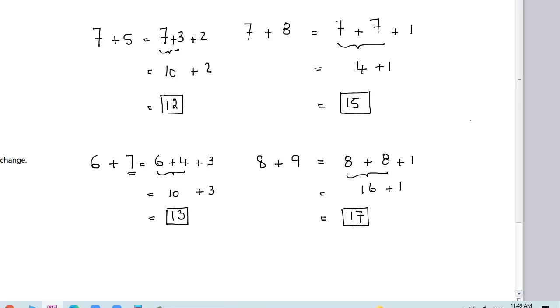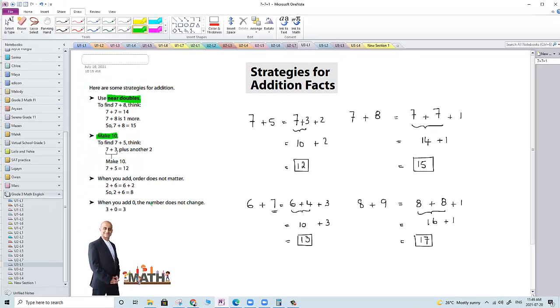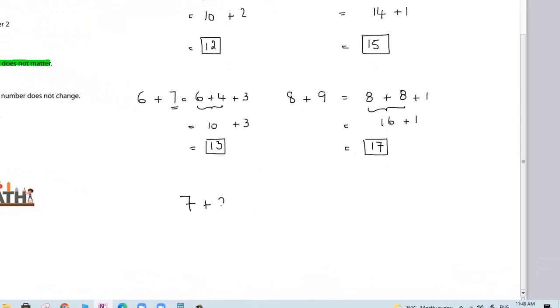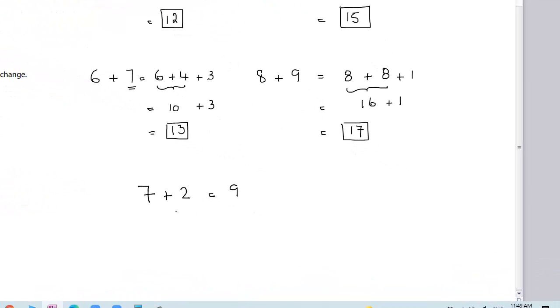Okay. What else in the addition? You need to know that the order in the addition doesn't have any effect. That means if I take any two numbers, 7 plus 2, for example, it's 9. If I switch the order of 2 and 7 and I make it 2 plus 7, it's gonna give me the same number.